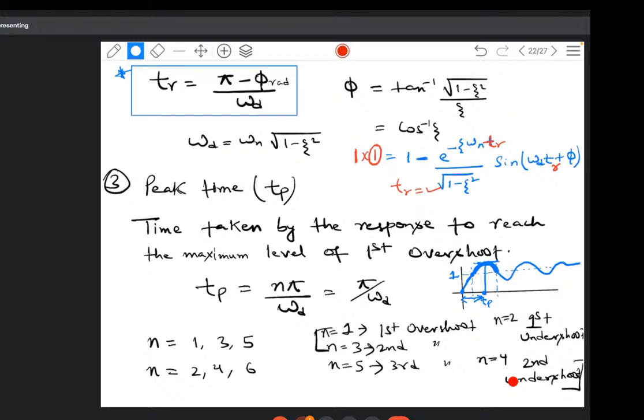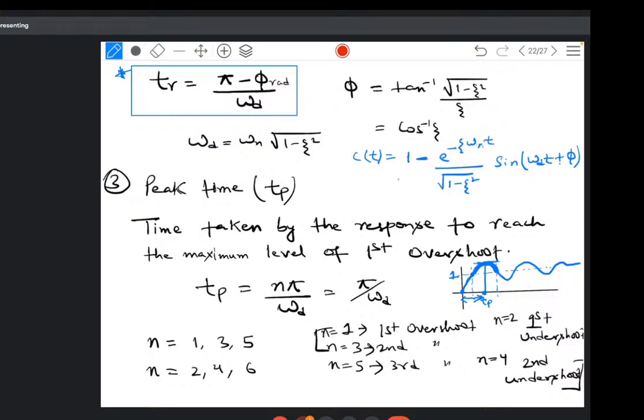And how do you calculate it? See, you know that this was my value of c(t). Right. Now I know that this was zeta omega n t.